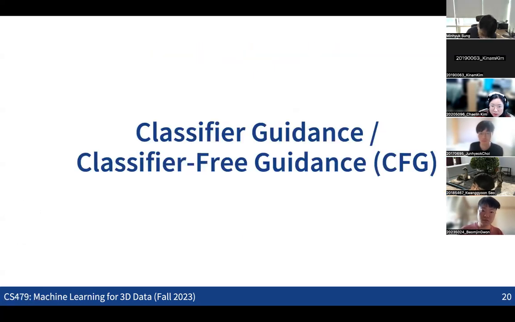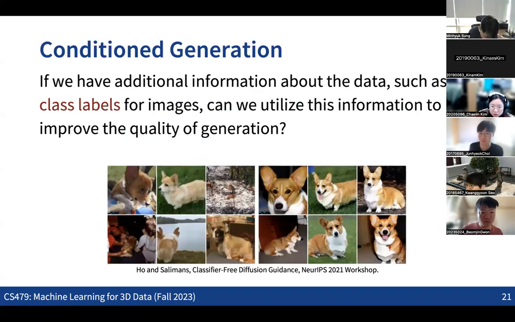So let me go over one quick idea of how we can also improve the quality of the data samples in diffusion models. These are also very famous ideas: classifier guidance and classifier-free guidance. The basic idea is that in most cases, especially for images, we may have some extra information for the images.